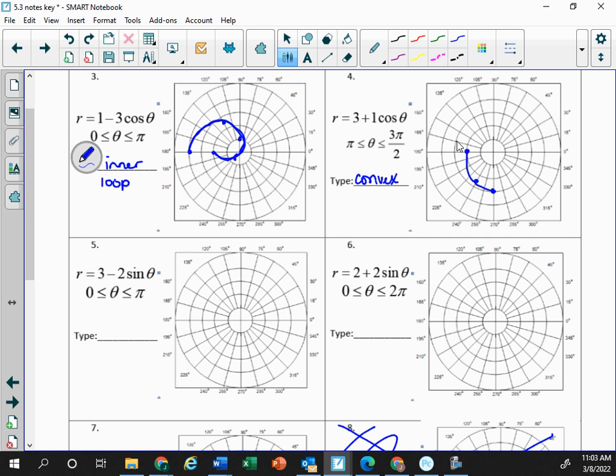How are we doing on 1 and 2, guys? Robert, what's going on? Trouble?